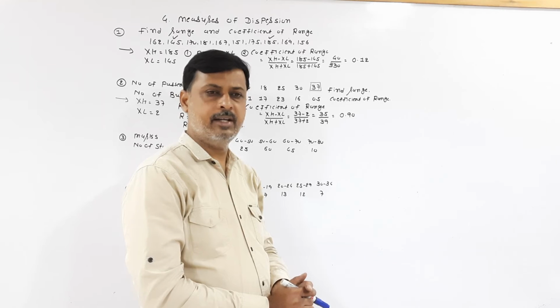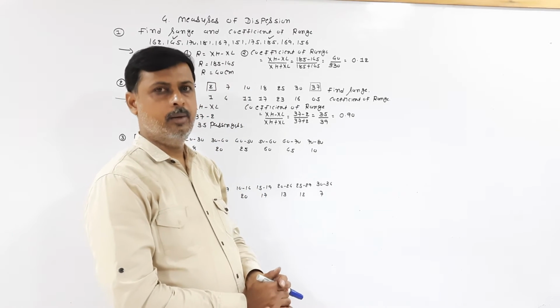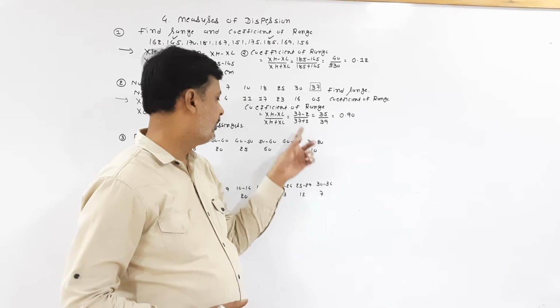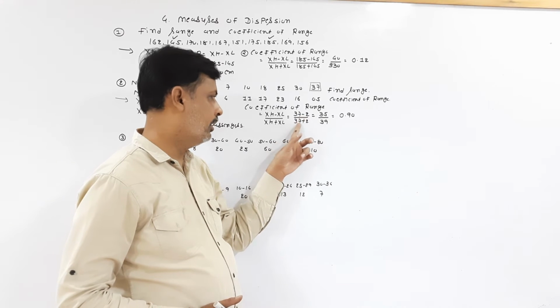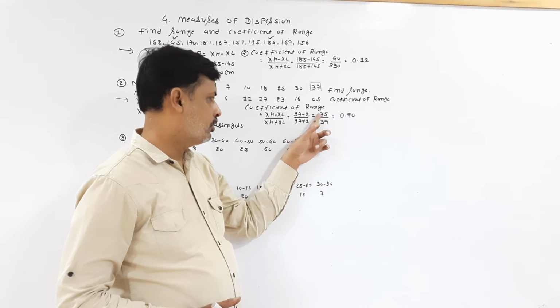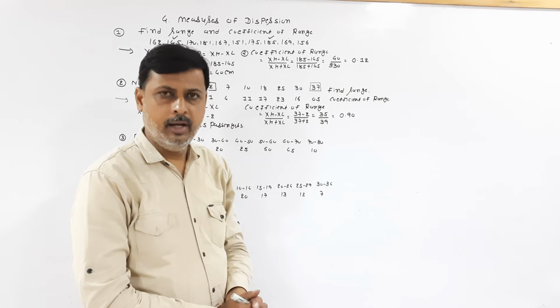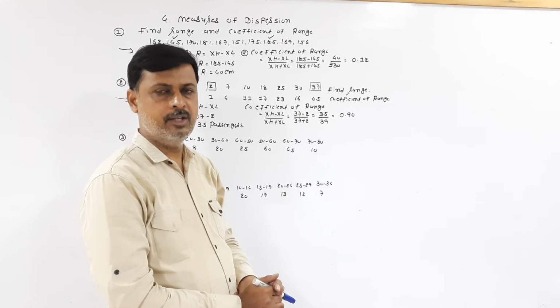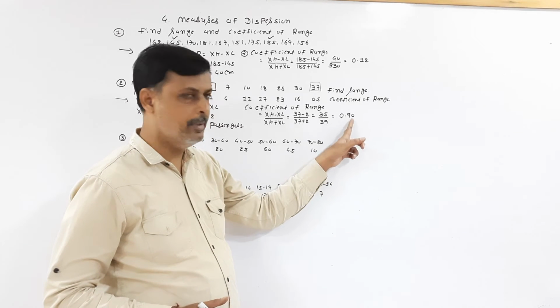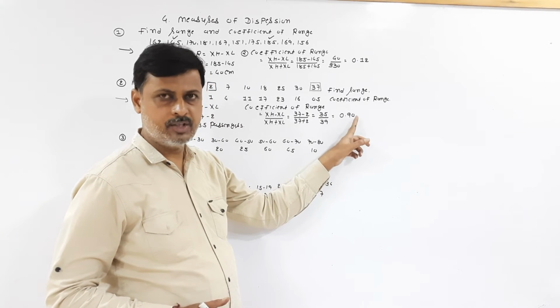Coefficient of range means XH minus XL upon XH plus XL. 37 minus 2 upon 37 plus 2. So 35 divided by 39, that is 0.90. And coefficient of range, it is free from unit, so you cannot mention here passenger or centimeter here.